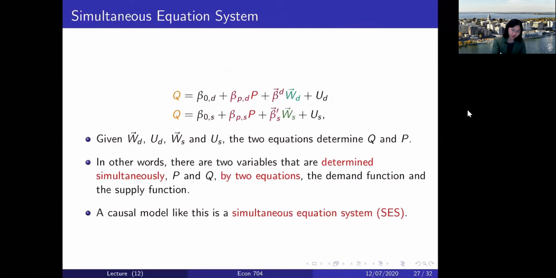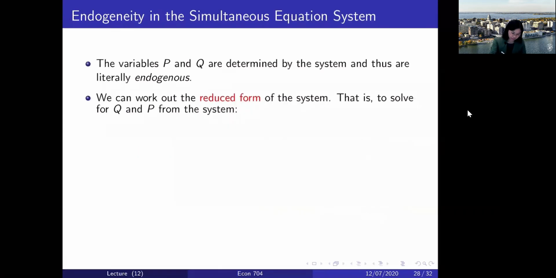We can look at these two equations. In order to solve for Q and P, we can set the right-hand side of the two equations to be equal. So we have beta 0D plus beta PD P plus beta D WD plus UD.